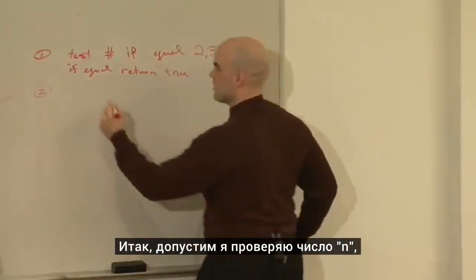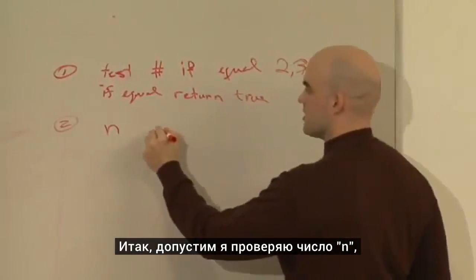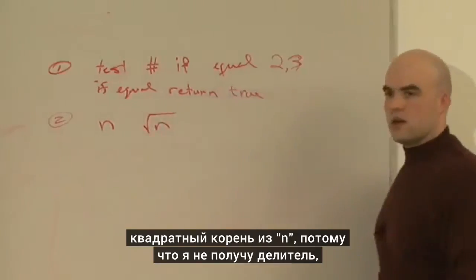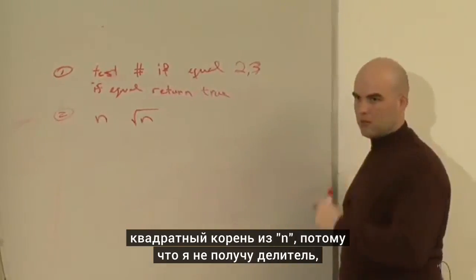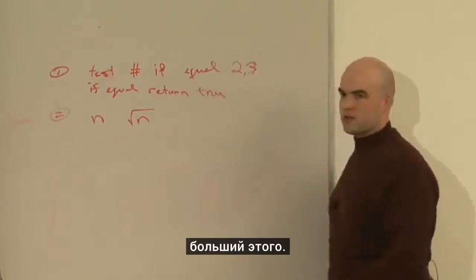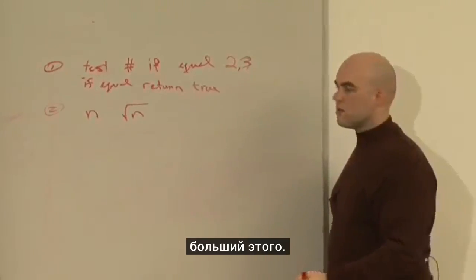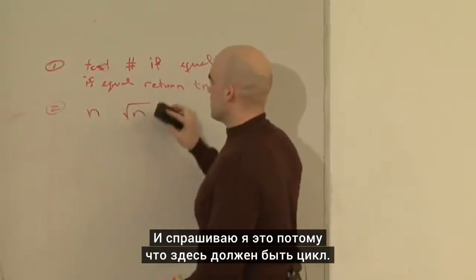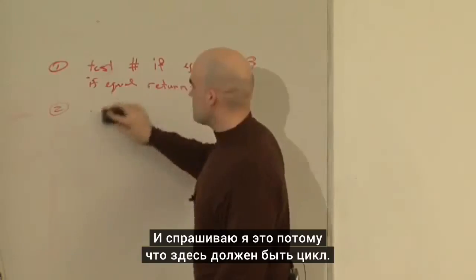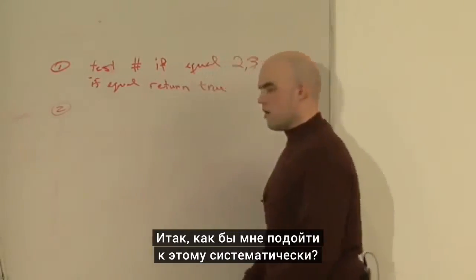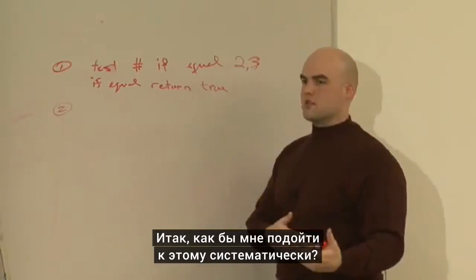Well, let's say that I have n as the number I'm testing. The square root of n, because I'm not going to have a factor that's larger than that, right? I ask that because there's a loop involved. So how would I go about this systematically?